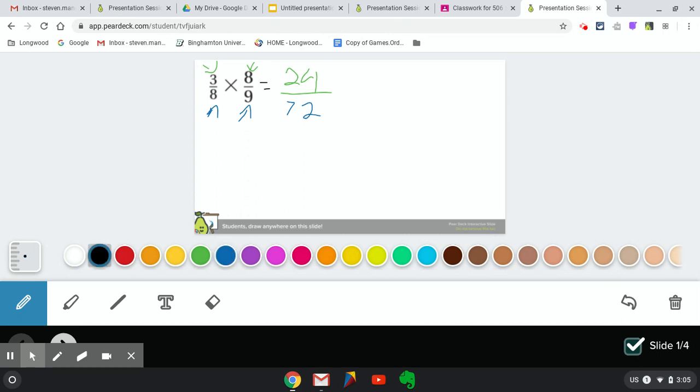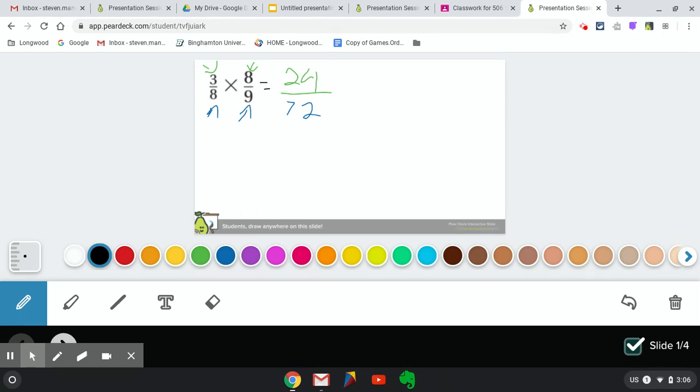So that is pretty time consuming, right? I mean, 24 isn't too bad, right? Most of us can figure out the factors of 24, but 72 is something that's not very easy to work with. So I'm going to quickly show you how to simplify this fraction, and then I'm going to show you how to do this question a little bit differently to make our end product a little bit easier to work with, okay?